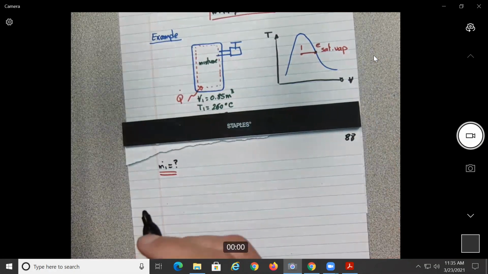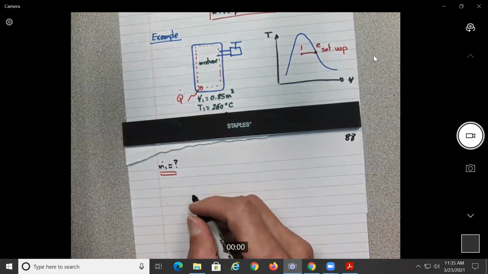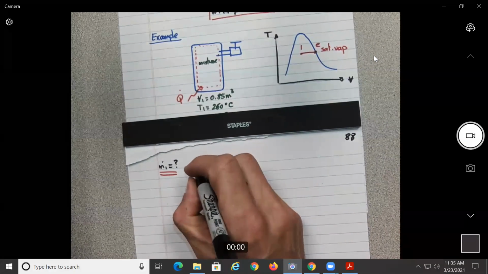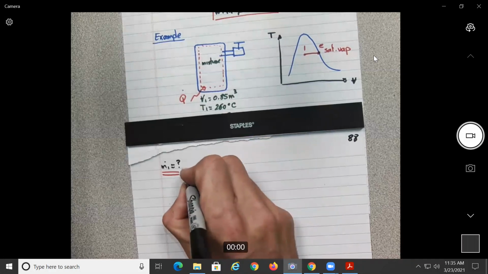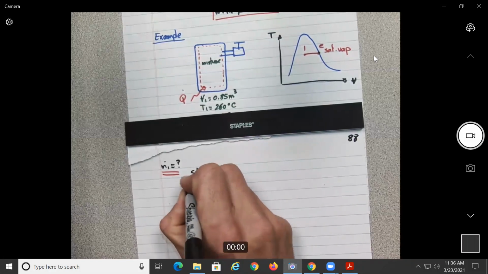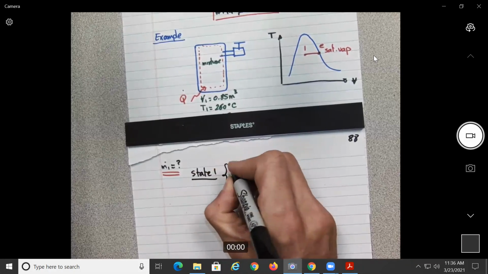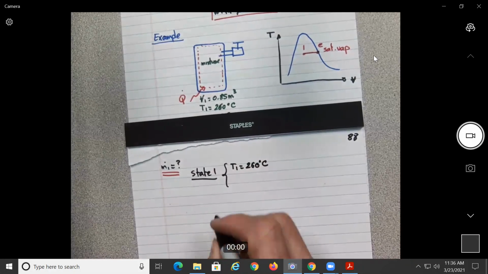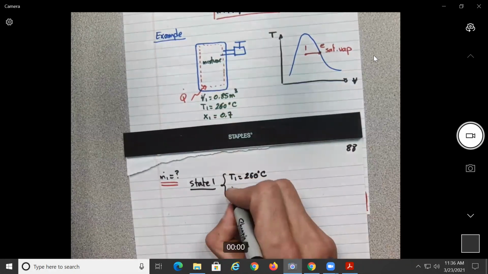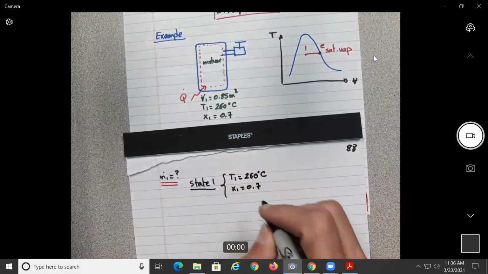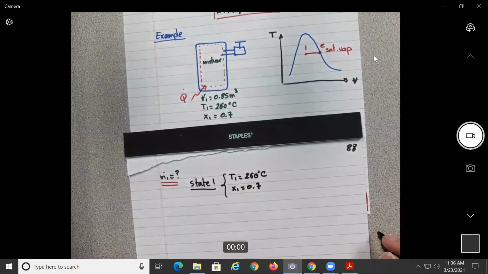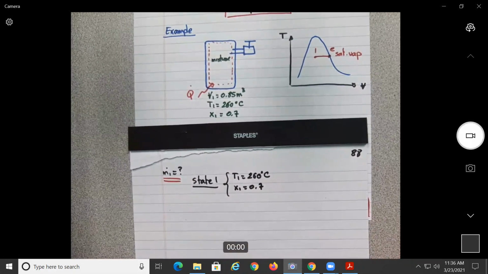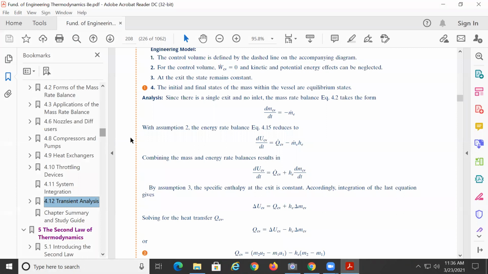So we know, for example, that we're gonna have to find V1. Okay, so we have to do a bunch of stuff. So at state 1, what do we know? We know T1 equal to 260 degrees and X1 equal to 0.7. So we can go to the tables.